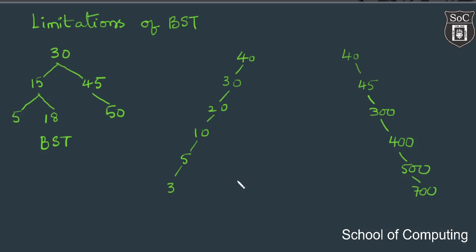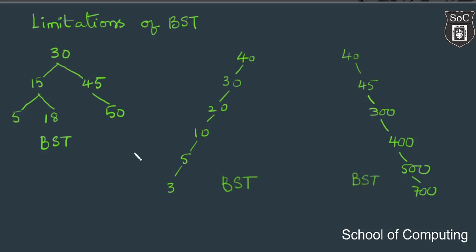In this example, there is no right child, but it's okay, still the at most two children rule holds. I can have a node with one child, so it is also a BST, and the last one is also a binary search tree.